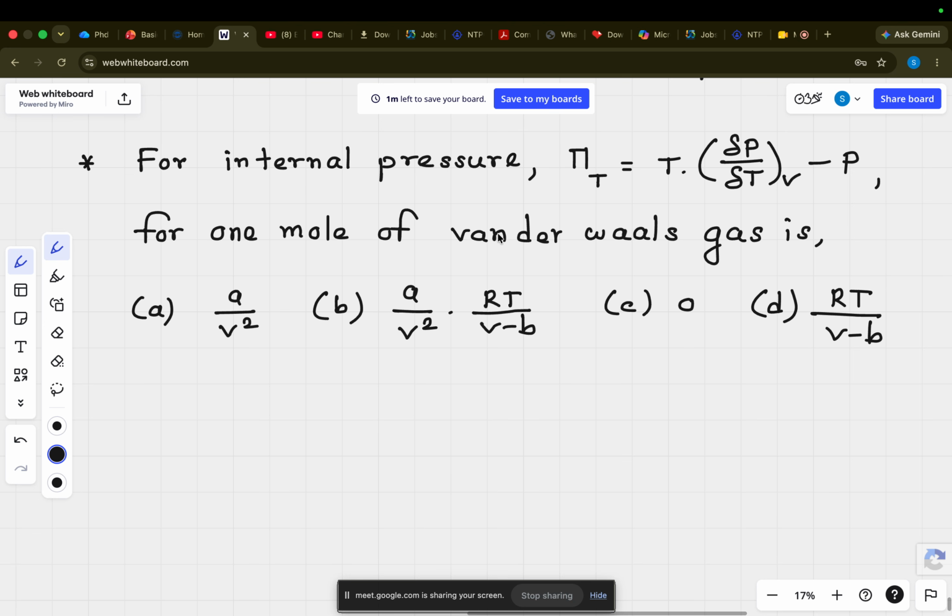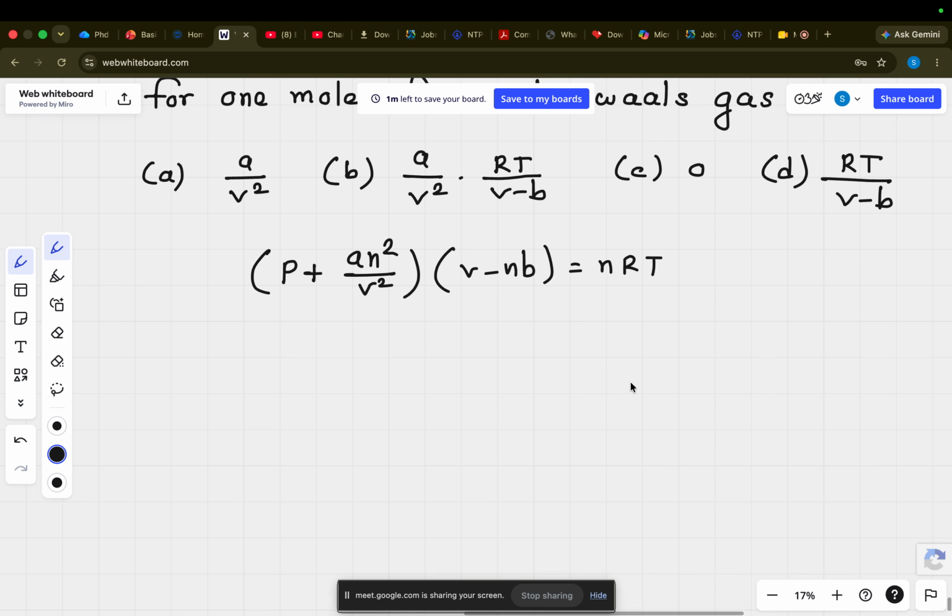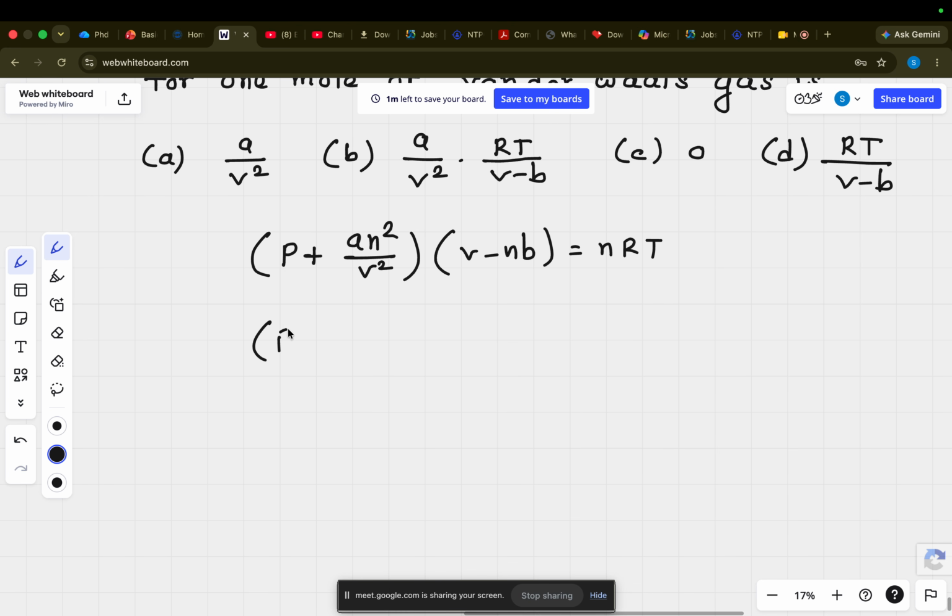Okay. So basically, first of all, you have to know what your van der Waals equation is. What is your van der Waals equation for 1 mole? In general, the van der Waals equation is P plus a n square by V square into V minus nb is equal to nRT. For 1 mole, it will be P plus a by V square into V minus b is equal to RT.